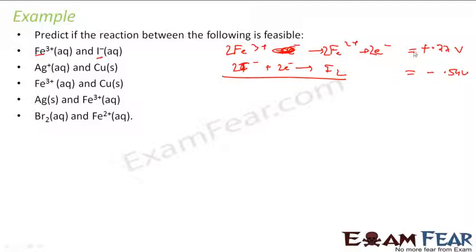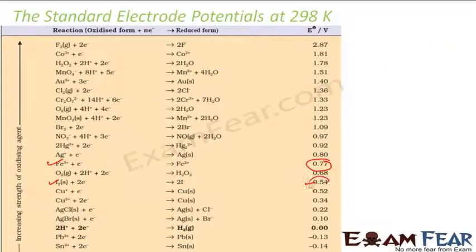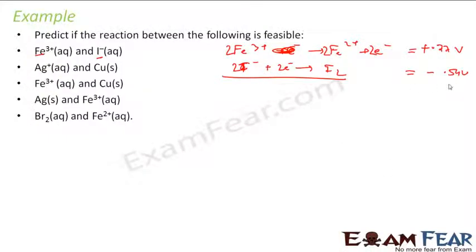Hope you understand why. I2 to I minus, iodine to iodide ion, is 0.54, so iodide ion to iodine will be minus 0.54. In this case we multiply with 2, so Fe3+ to Fe2+ is 0.77, times 2 it is 1.54.